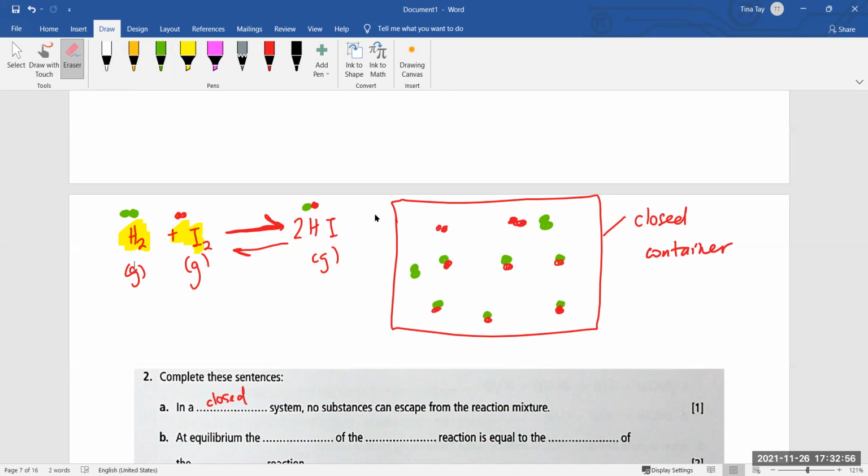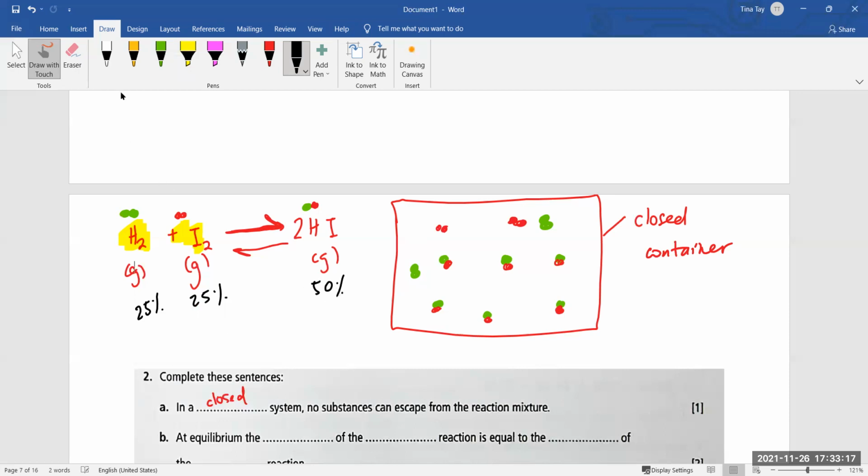They can't go on forever. They will go up to a point where they will say, okay, I'm happy already. This can be any percentage. It could be 25% hydrogen, 25% iodine, and 50% this.